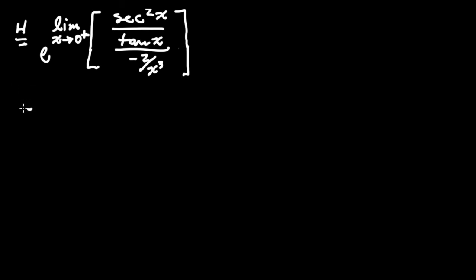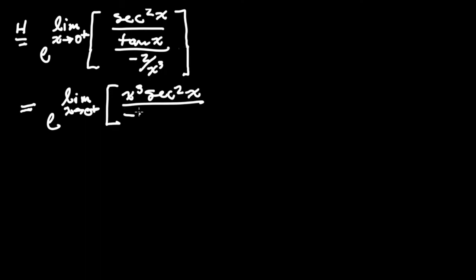So we are going to set this equal to e to the limit as x approaches 0 from the right. And then using our fractions, we know that we can write this as x cubed secant squared x over -2, something of the form of 0 to the power of 0, or 0 over 0 again.